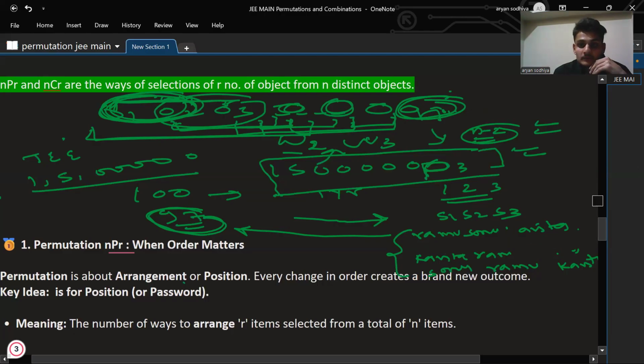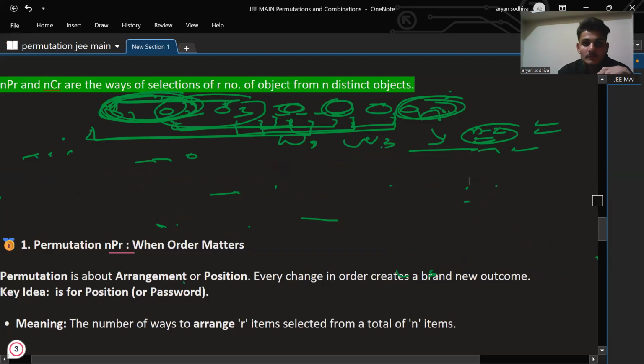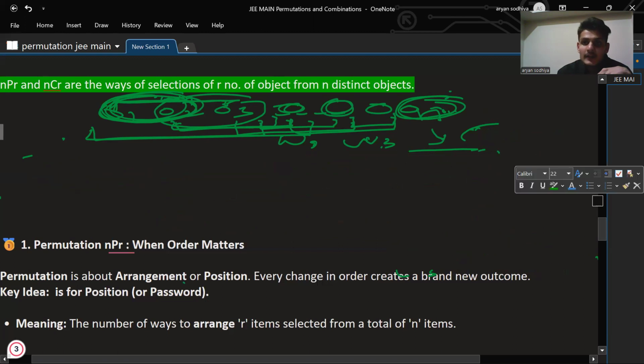let's say JEE has 15 lakh registered students. We are seeing the applications of it.